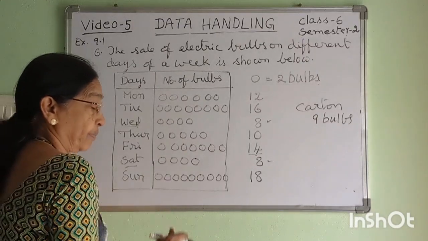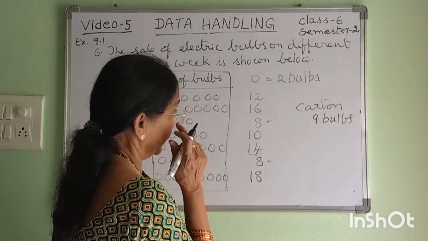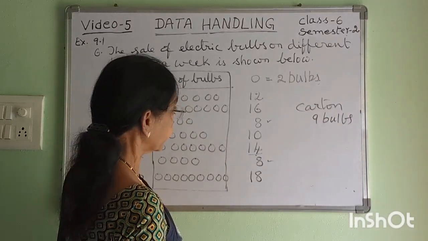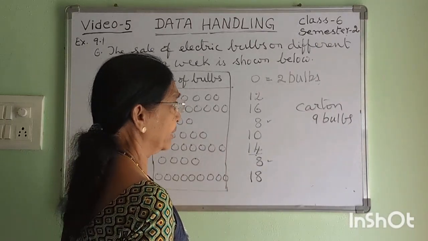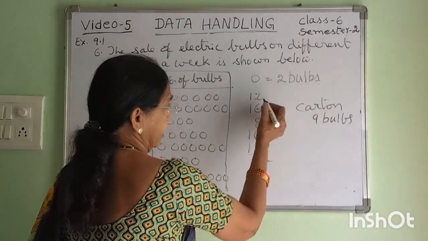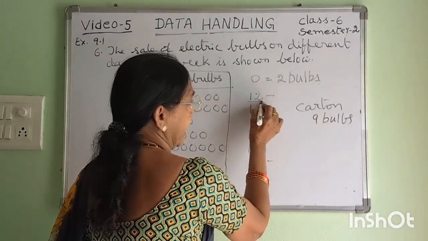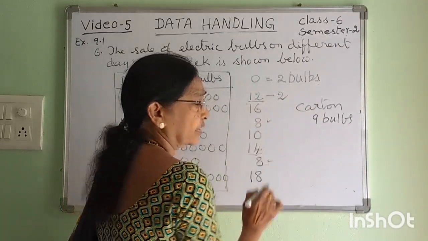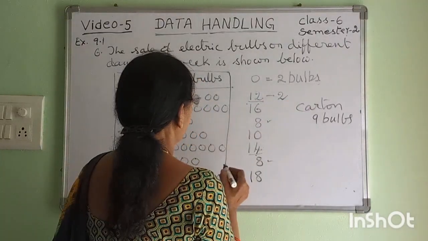How many cartons were needed? For 9 bulbs, one big carton. So here we need 2, because 9 bulbs plus 3. So 2 cartons were needed here.